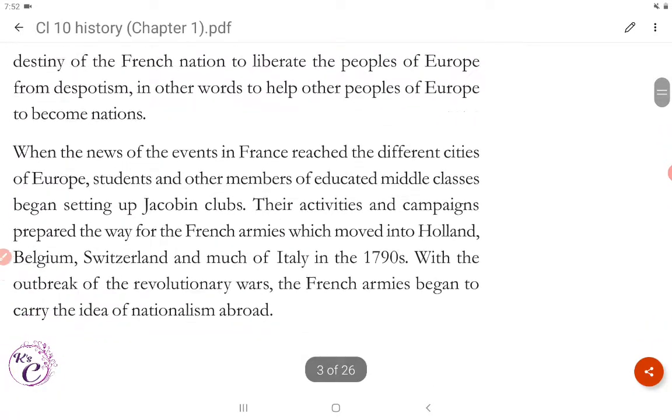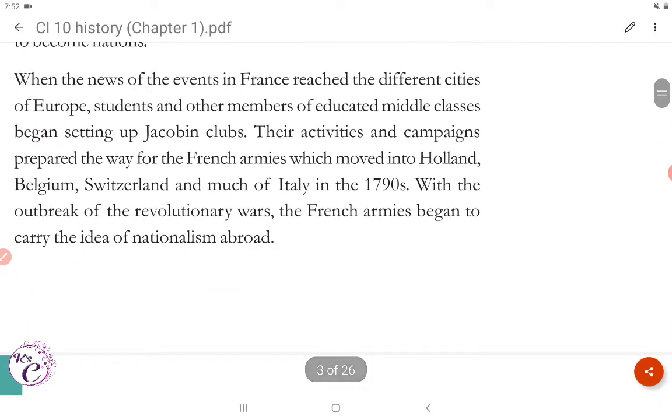When the news of the events in France reached the different cities of Europe, students and other members of educated middle classes began setting up Jacobin clubs. Their activities and campaigns prepared the way for the French armies, which moved into Holland, Belgium, Switzerland, and much of Italy in the 1790s.